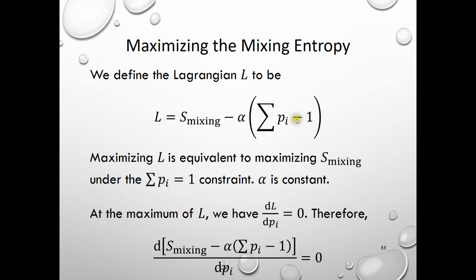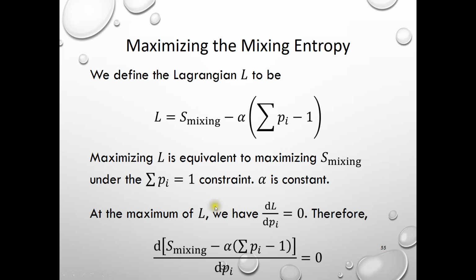This is because the sum of Pi must be equal to 1. So this Lagrangian is equivalent to this mixing entropy, and maximizing L is equivalent to maximizing the mixing entropy under this constraint. The sum of all probabilities is 1.